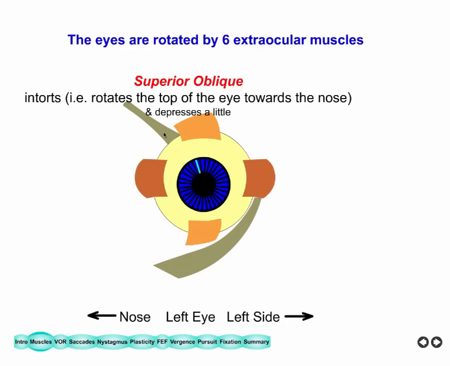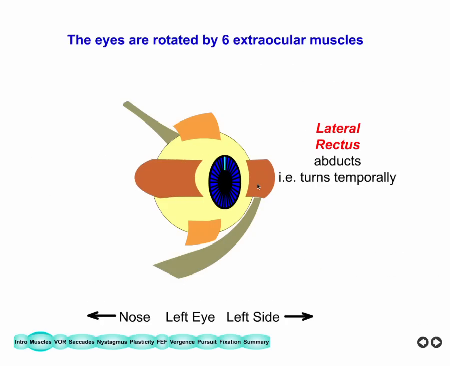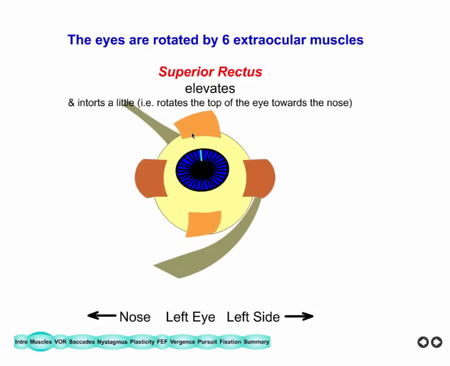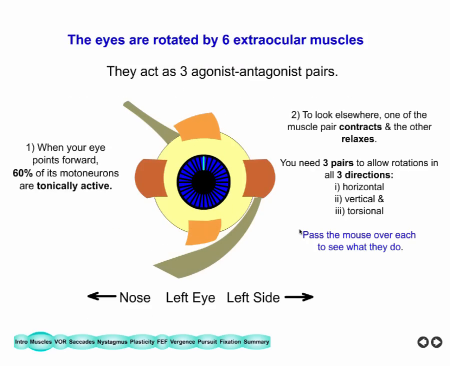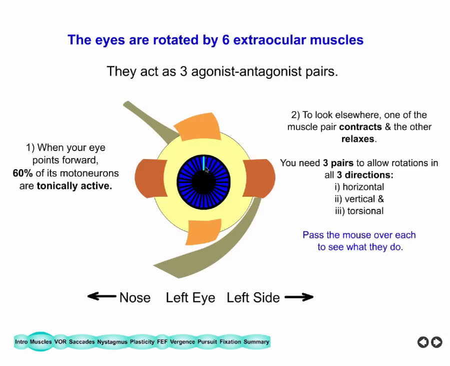So the obliques are the ones that do the turning. The lateral rectus and the medial rectus do the horizontal turning, and the superior and inferior rectus do the up and down turning.